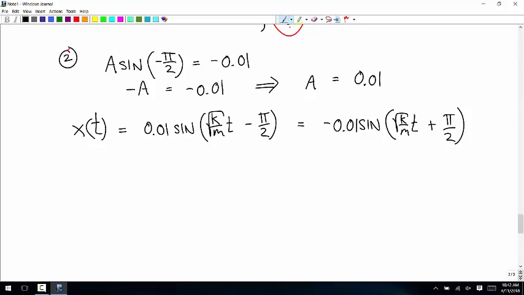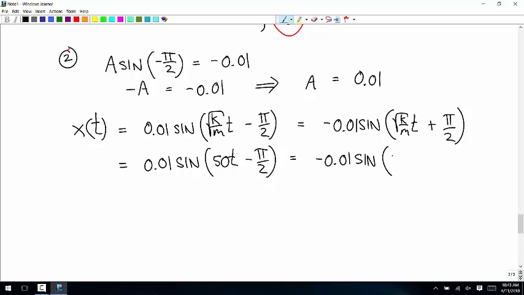Okay, and then, so what's the natural frequency? And this is equal to 0.01 times the sine of the quantity 50t minus pi over 2, or negative 0.01 times the sine of the quantity 50t plus pi over 2.